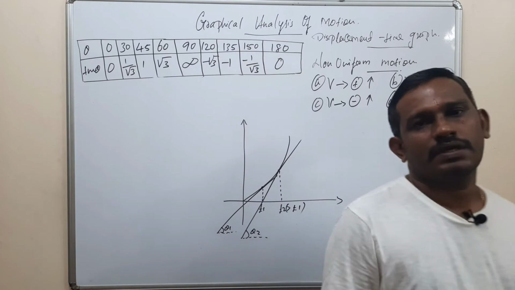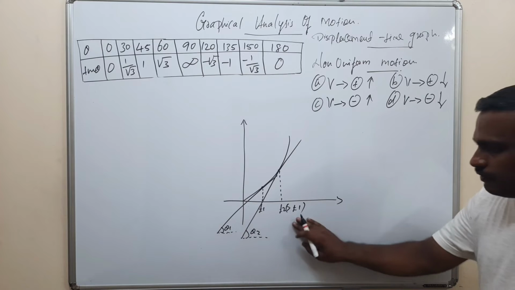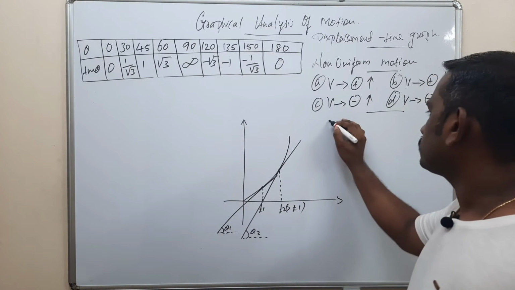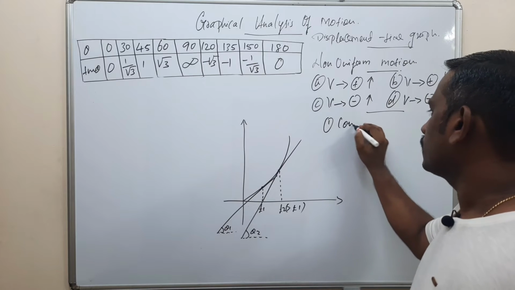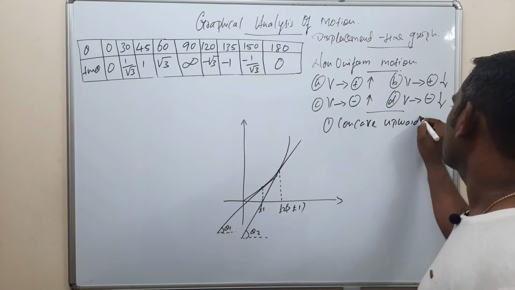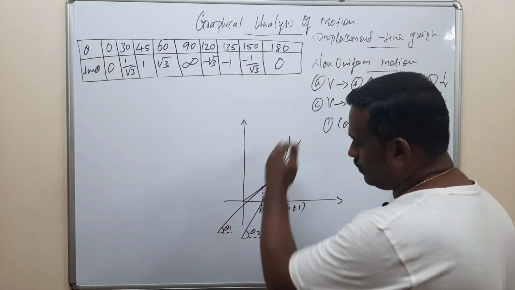So from this graph, what are the conclusions we can make? 1, the graph is concave upwards.